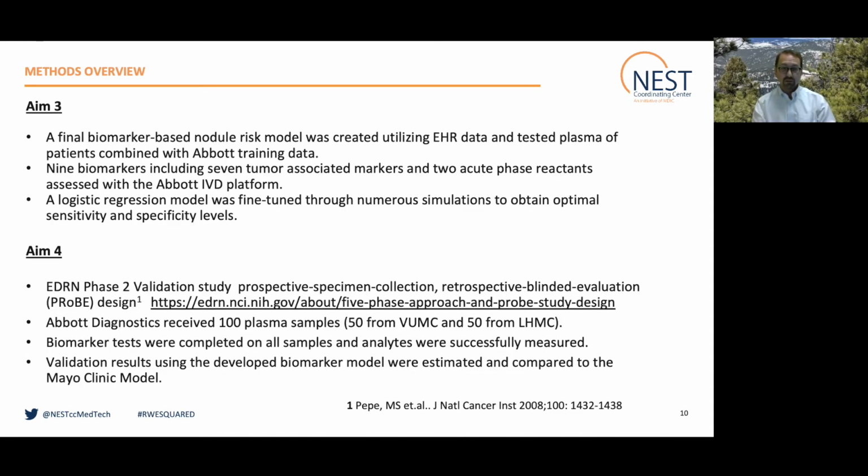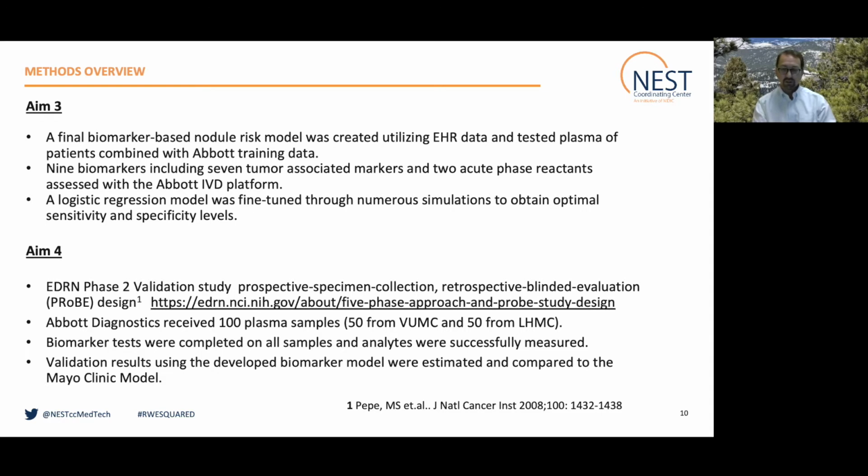In Aim 3, we then took the biomarker-based model, linked it to the EHR data, and tested various combinations of the model within the data to come up with simulations of how it might be used in the real world within a subset of that data. It utilized both machine learning and logistic regression models to fine-tune it through simulations.